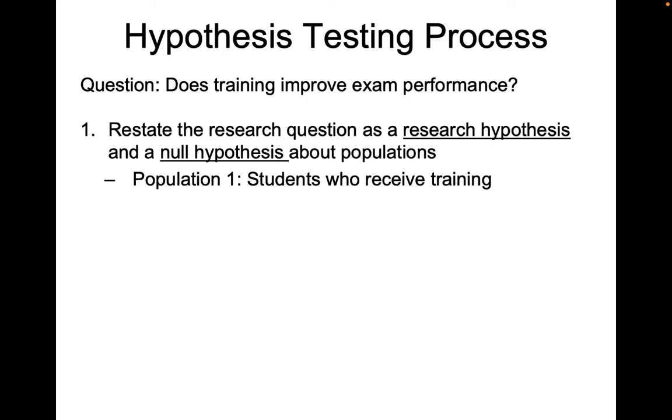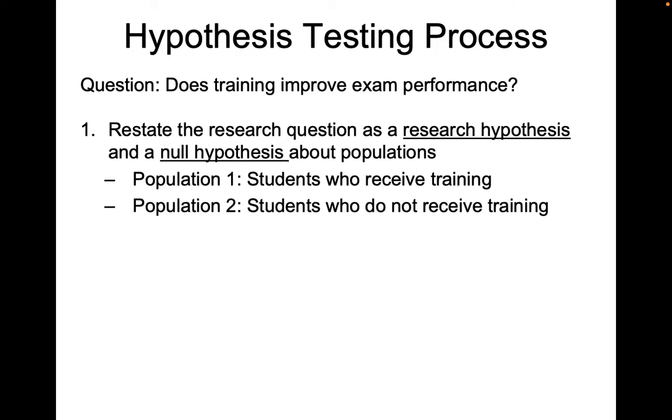In general, population 1 consists of people who receive some treatment. It could be a procedure, an experimental treatment. In our example, population 1 would be the students that receive the training. Population 2 is a kind of comparison baseline based on what is already known about people. In this case, it would be what is already known about students that take the course in general and who don't receive the special training.